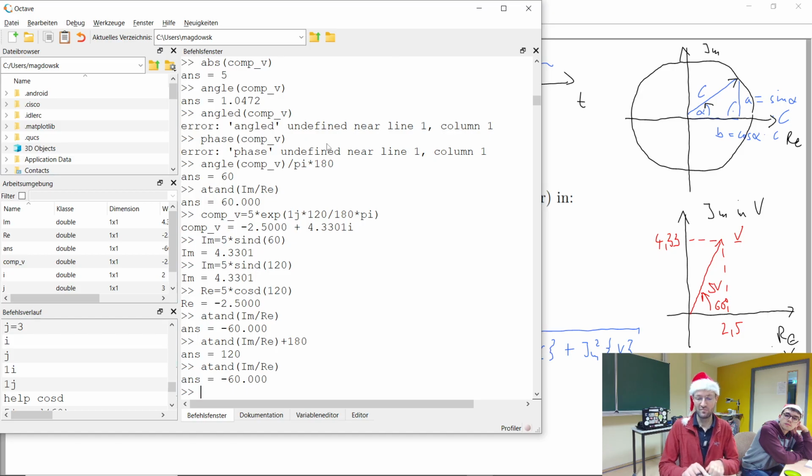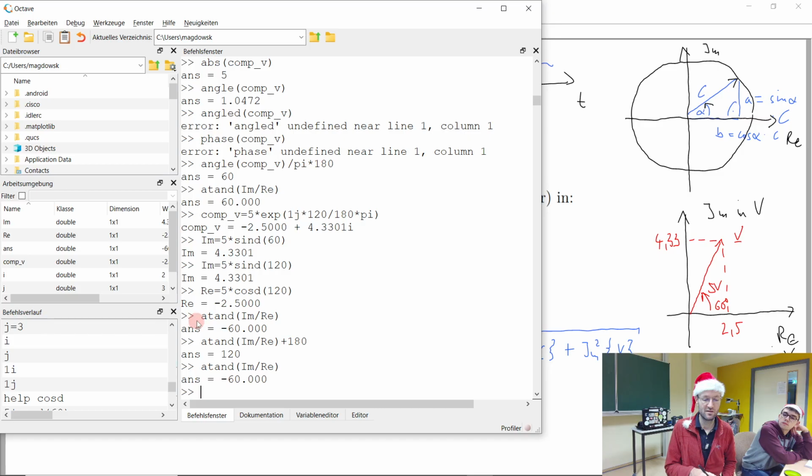Yeah, because with 120 degree, the phasor would be somehow here. And so we have a negative real part and a positive imaginary part. So the quotient of the two, or this fraction, will also be negative.